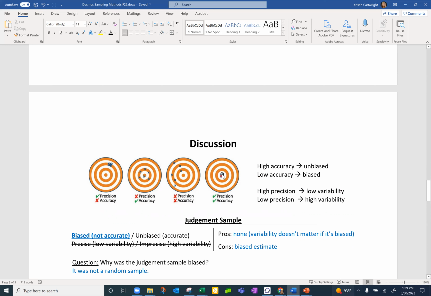That's kind of the hit the target right on the mark. We do not want low precision, low accuracy. And then there are trade-offs with high precision, low accuracy, or low precision, high accuracy. These notes here just kind of go through all the things we just talked about above.